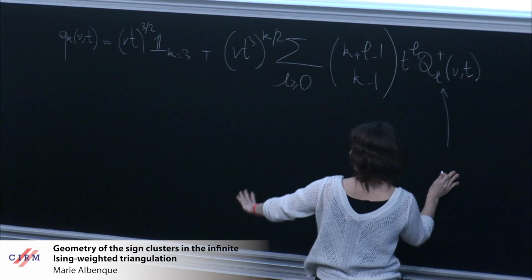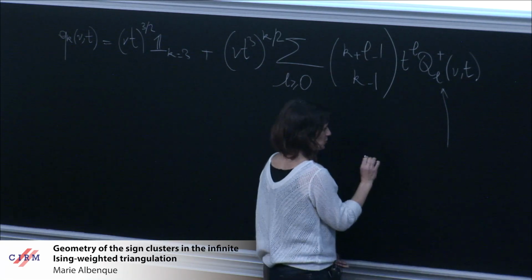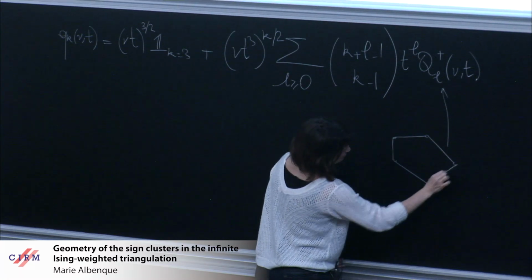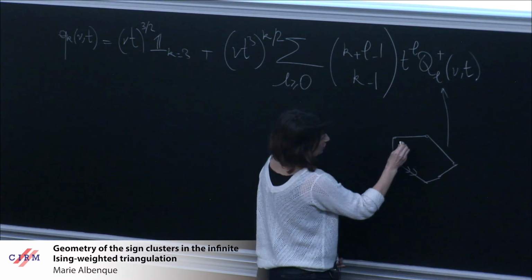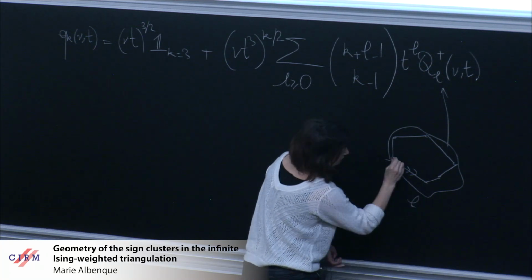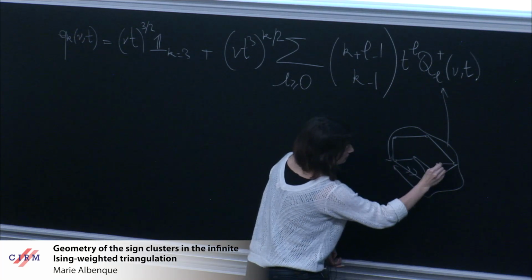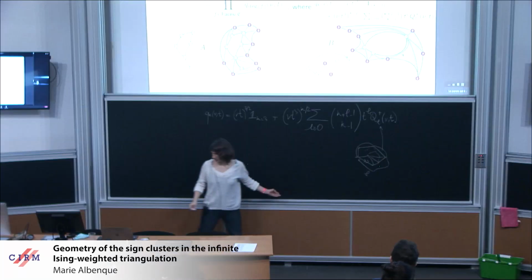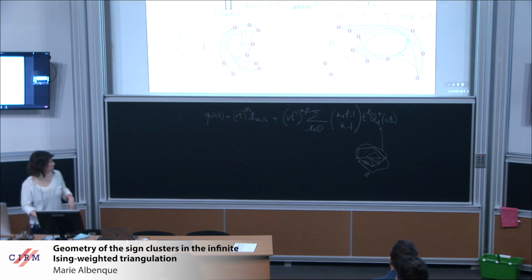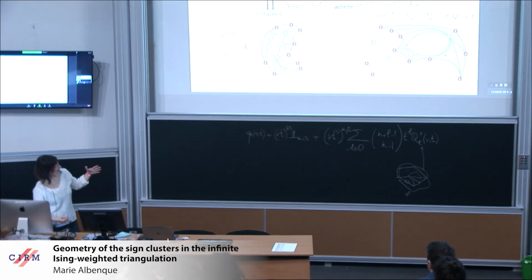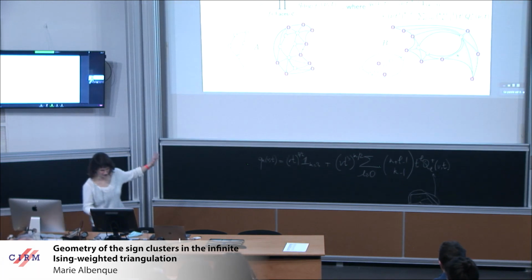This is a generating series of triangulations with a boundary, where the boundary is of size L. So we have this sequence of weights which appear naturally when we are doing the cluster, the gasket decomposition.